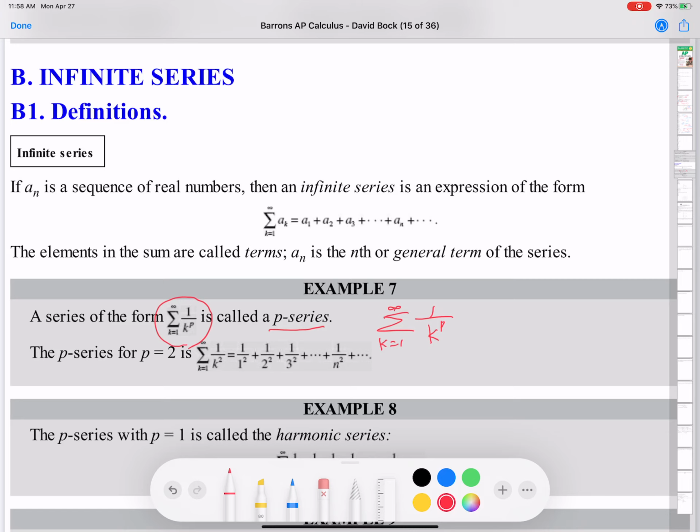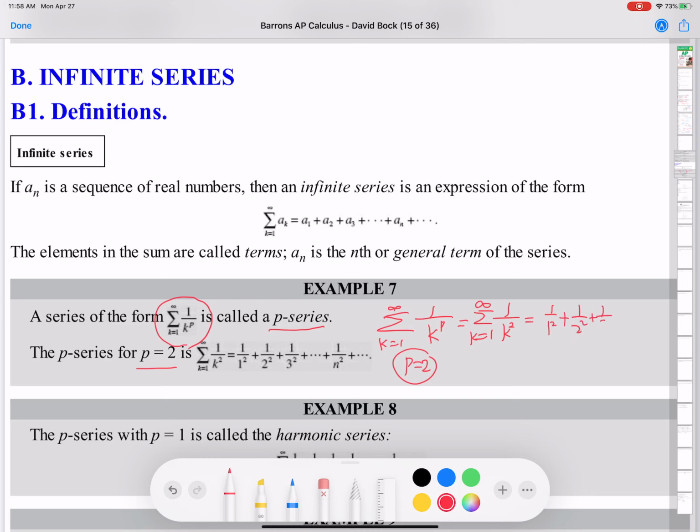If p is 2, what happens? That means sigma k equals 1 to infinity of 1 over k squared, right? Plug in k from 1, 2, 3, 4, 5 to infinity. If k is 1, it's 1 over 1 squared. If k is 2, 1 over 2 squared.